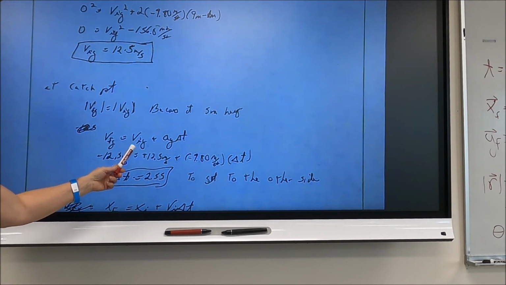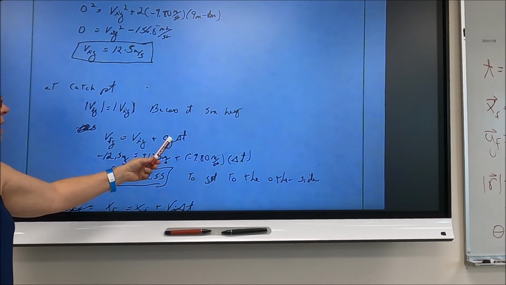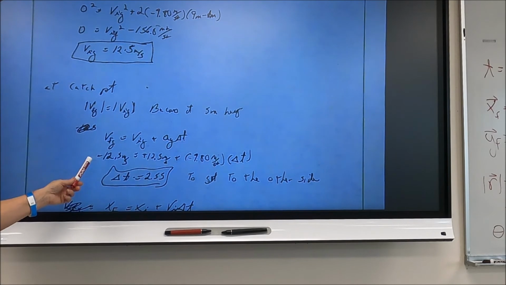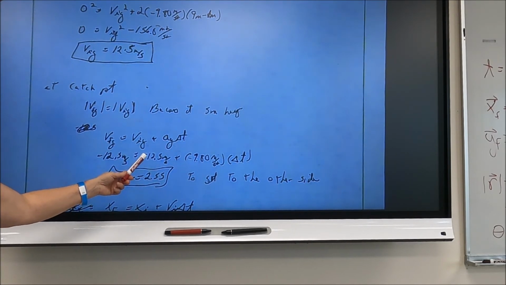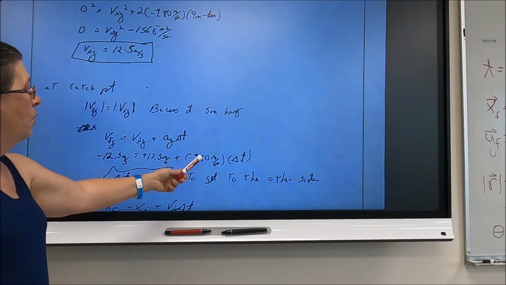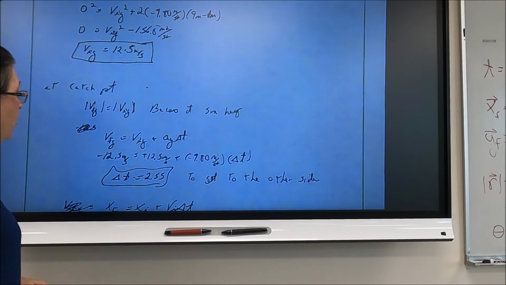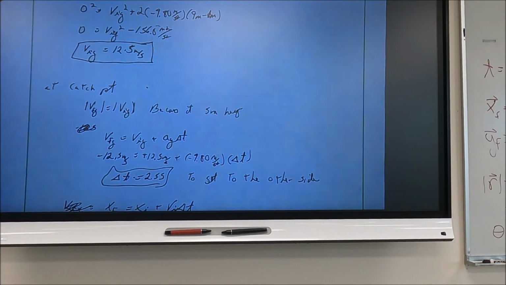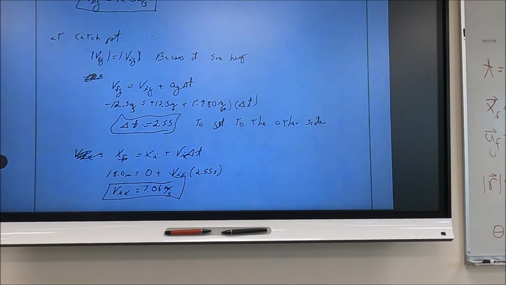V final y equals v initial y plus a_y delta t, so minus 12.5 meters per second equals plus 12.5 meters per second plus minus 9.80 meters per second squared delta t. If we solve that, I get the time of flight to be 2.55 seconds. And I forgot to write my seconds there.